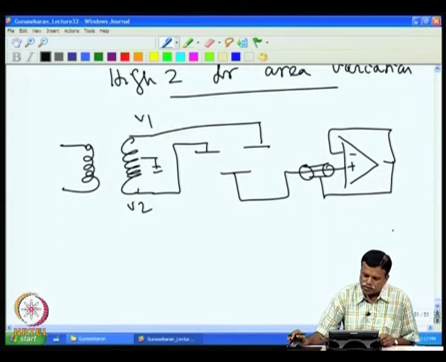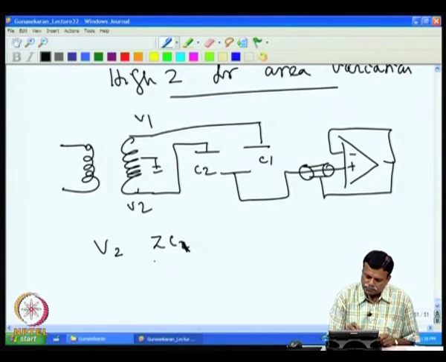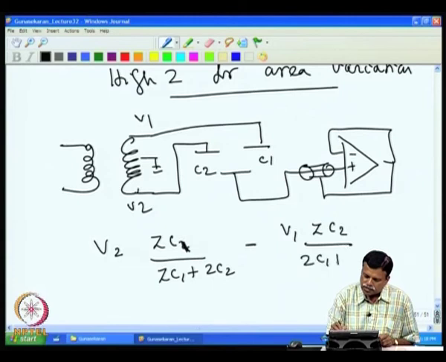If we write the same voltage equation for this point, we will get V2 into ZC1 divided by ZC1 plus ZC2, plus the other contribution due to the other source, V1 into ZC2 divided by ZC1 plus ZC2, that is equal to V naught.